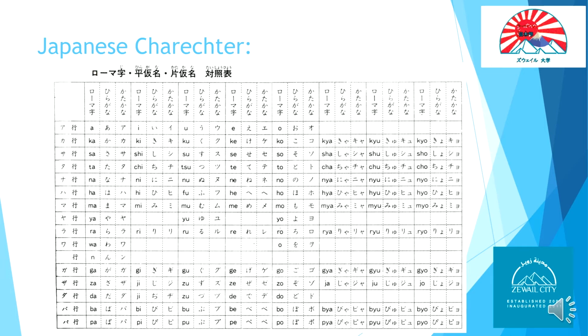So you can see a, ka, sa, ta, na, ha, ma, ya, ra, wa, all of them end with an a, as well as i, ki, shi, chi, ni, hi, mi, all of them end with an i, and so on and so forth. Also, this section and this section, we're going to talk about in detail in the upcoming slides.